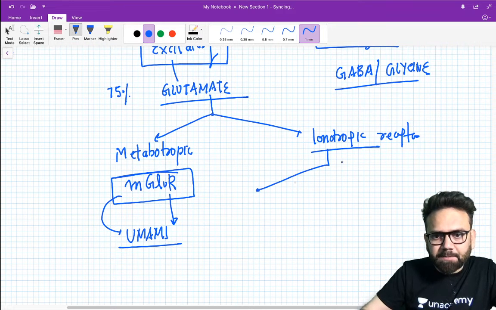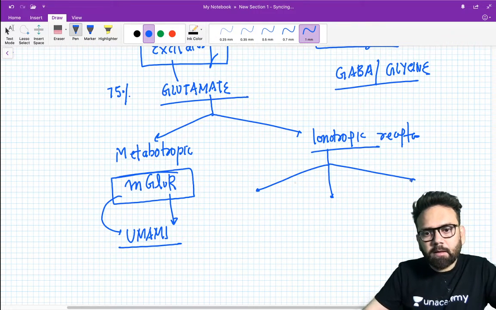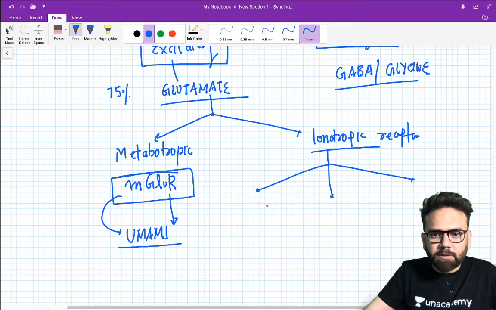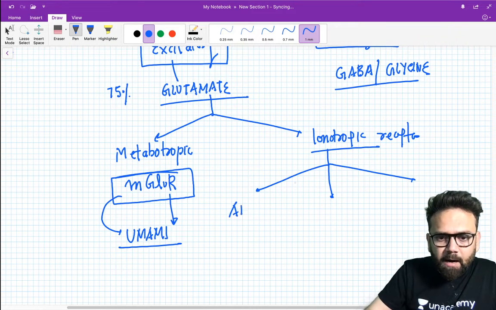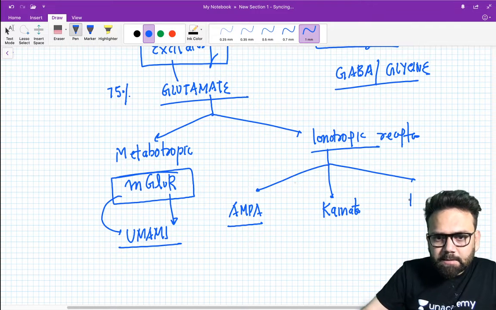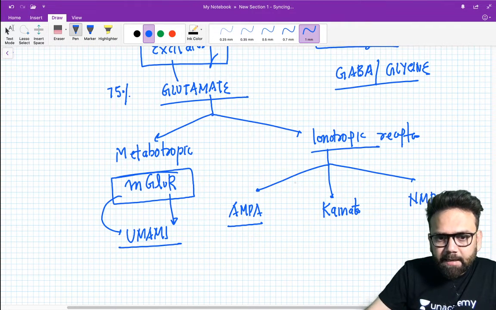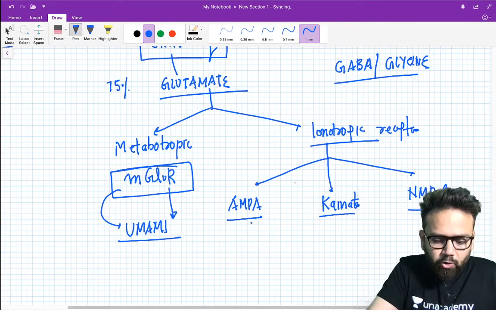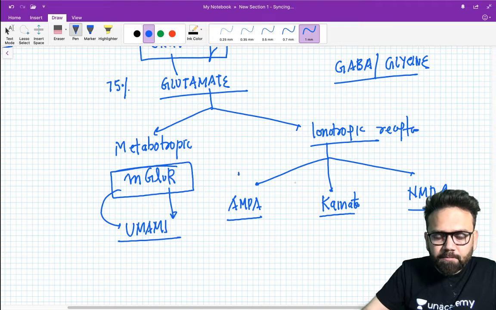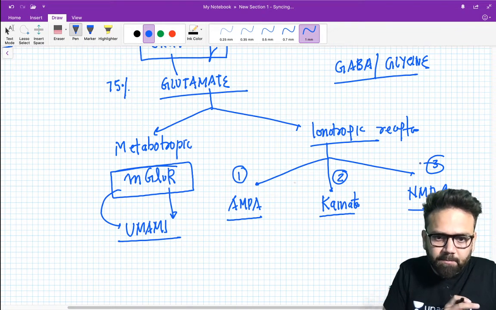Ionotropic receptors are of three types. One is AMPA, second is kainate, and third is NMDA receptor.